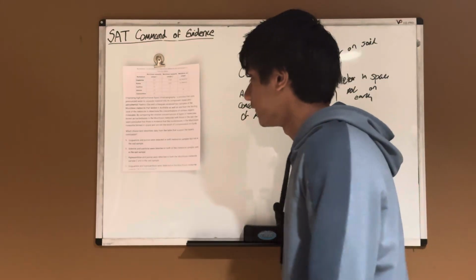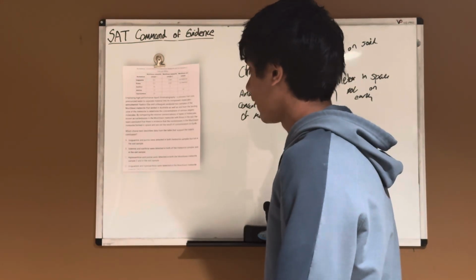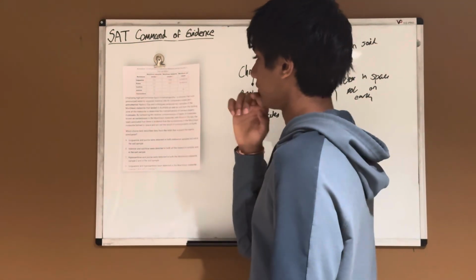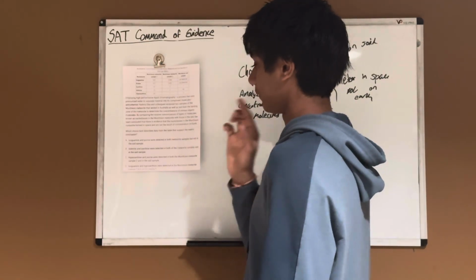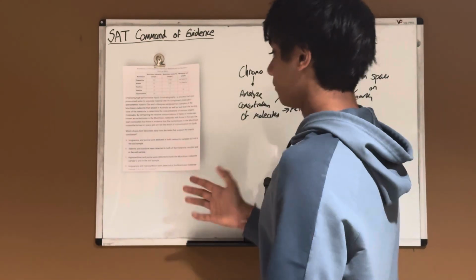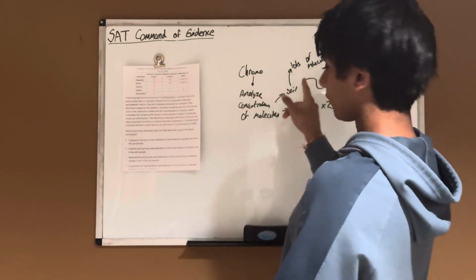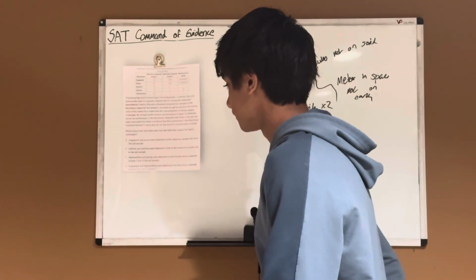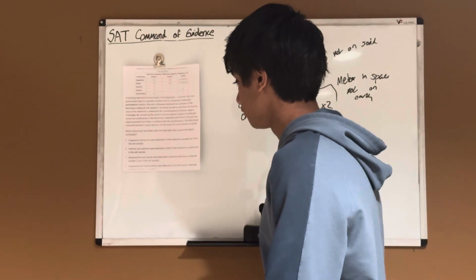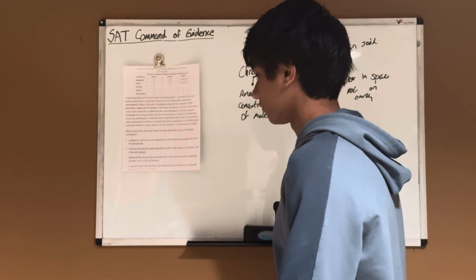Okay, so now looking at the data, actually we don't have to look at the data, but it says nucleobase concentrations from meteorite and soil samples in parts per billion. Okay, so let's see which answer choice supports our predicted evidence. So A: I and P were detected in both meteorite samples, but not in the soil sample.